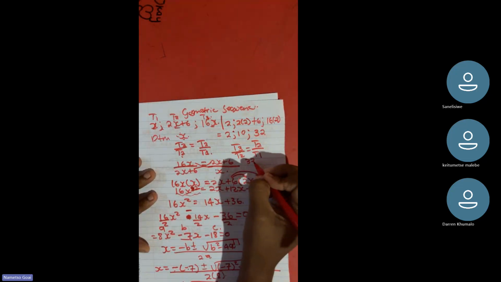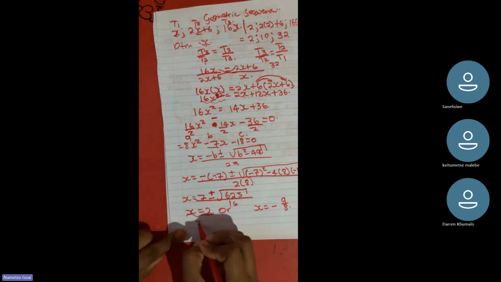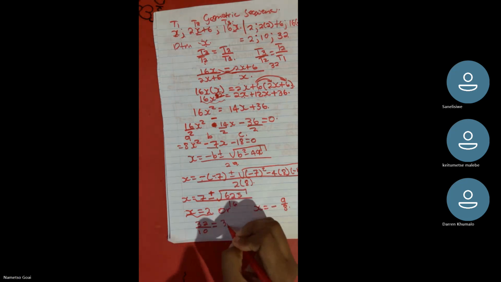So to check whether our x will indeed be 2, we have to see if T3 divided by T2 will be equal to T2 divided by T1, right? So it will be 32 divided by 10, which is equal to, let's see, 3.2.